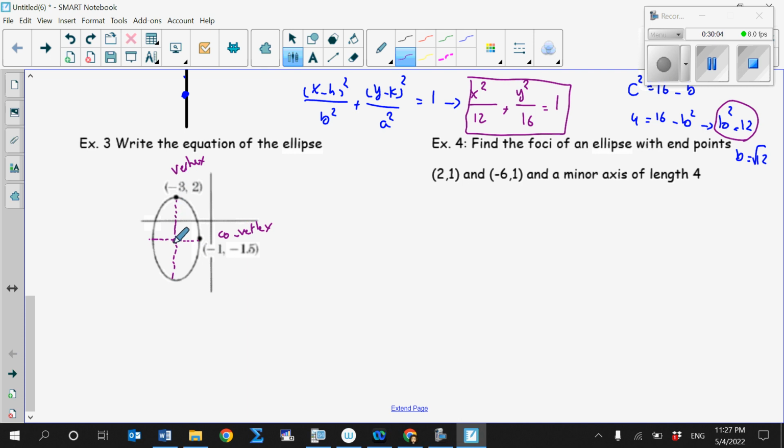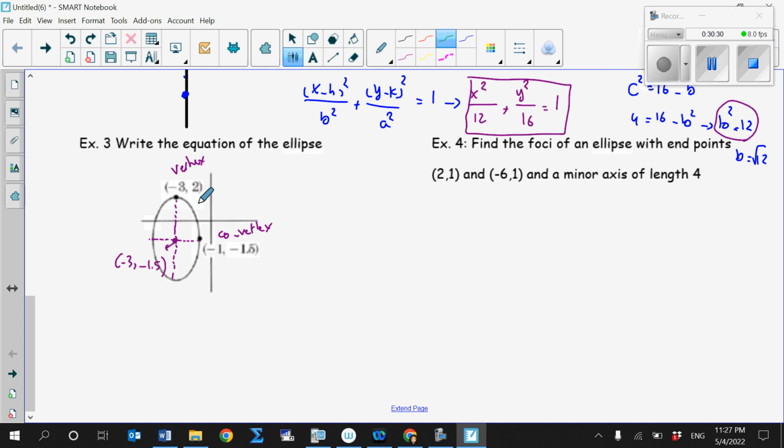So the center has an x of -3. And all the points on this horizontal line have the same y value as this co-vertex, because they are on the same horizontal line. So the y is the same, -1.5. This is how you find the x and y of the center.